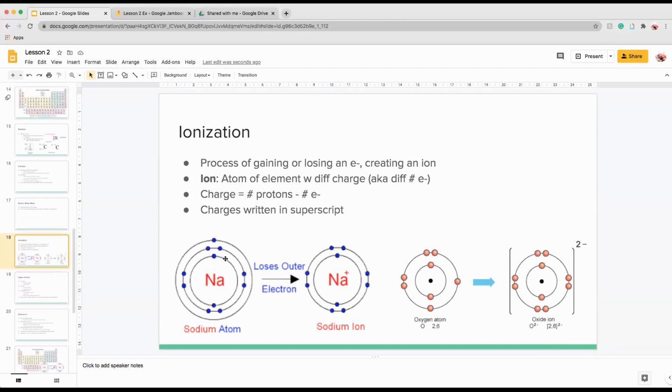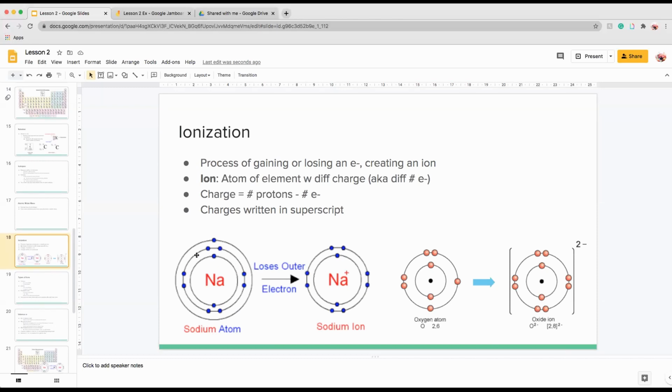So the reason atoms lose or gain electrons, they actually have a reason for this. You need to know why they gain or lose electrons. Basically, all atoms want a full valence shell. And if you remember, each valence shell has a max number of electrons it can have.